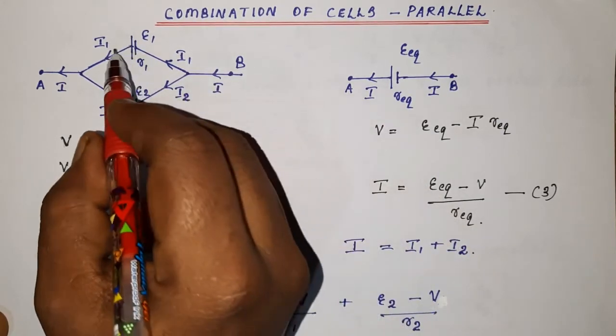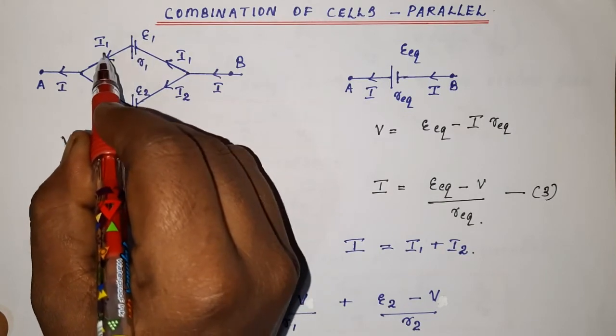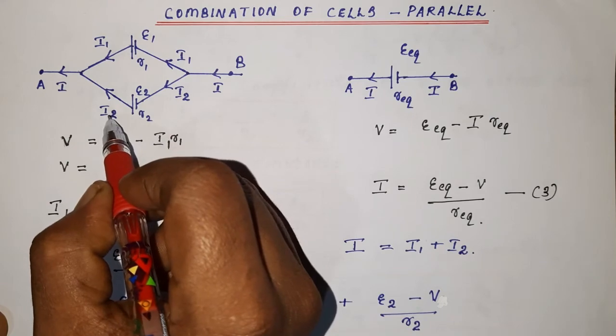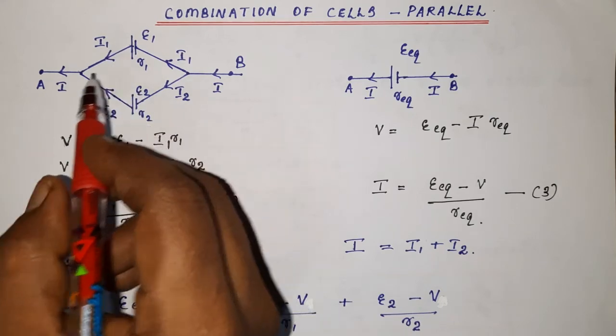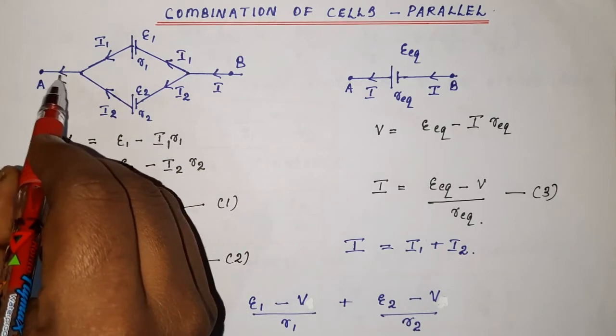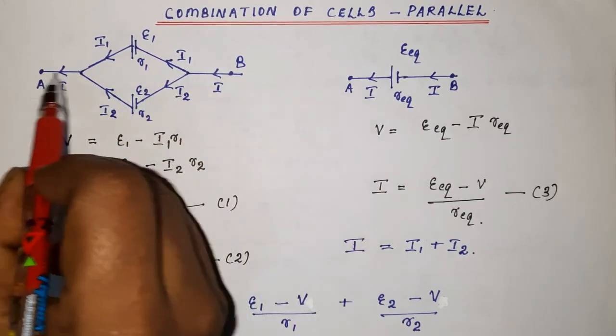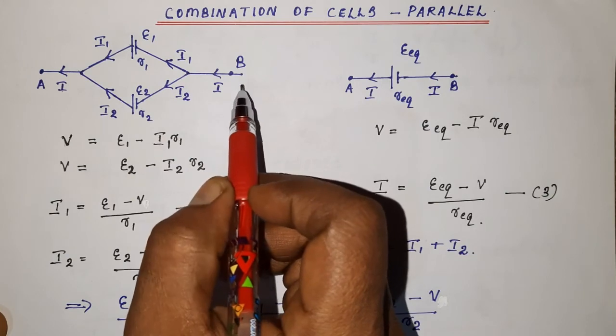Now the first cell sends a current I1 and the second cell sends a current I2. These two currents join to form I. Between A and B, the two cells are connected.